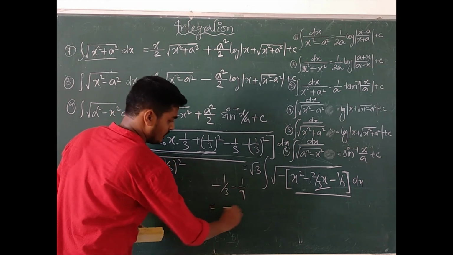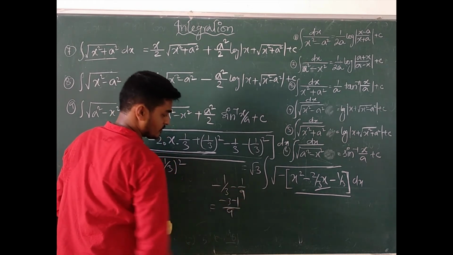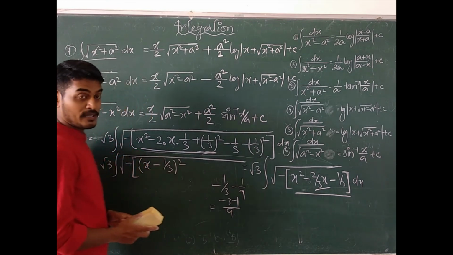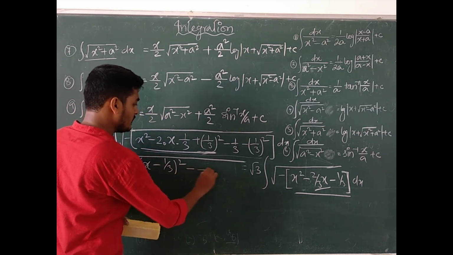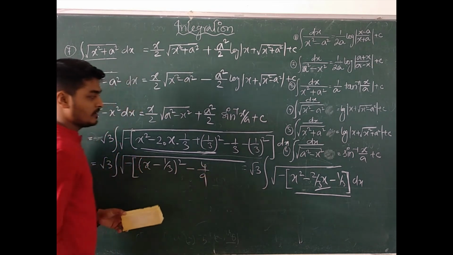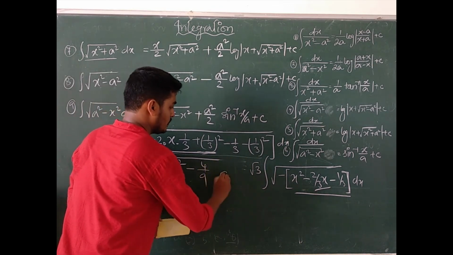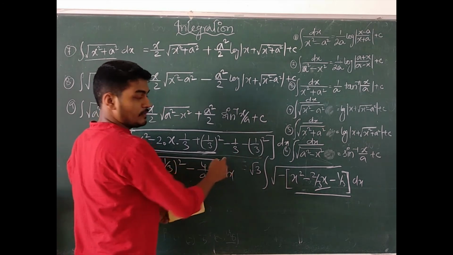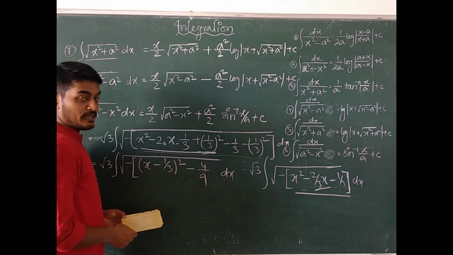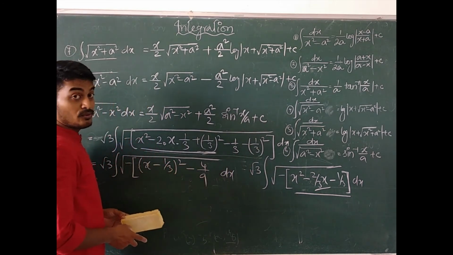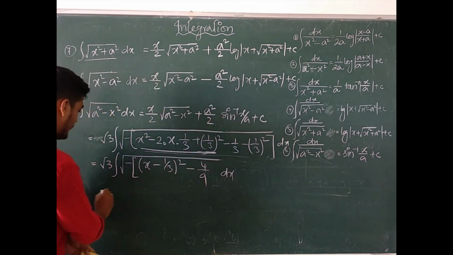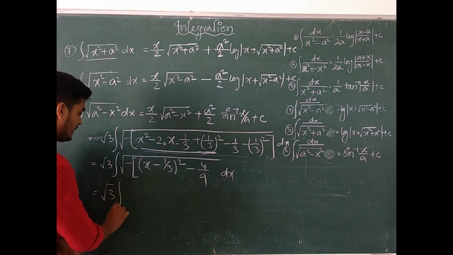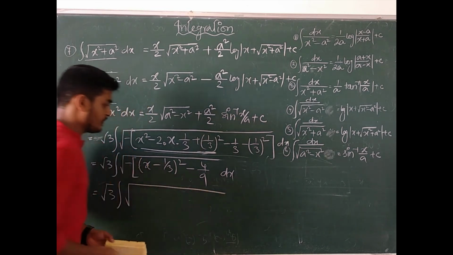What will you get? 9 minus 3, minus 1, so minus 4/9. Am I correct? Minus 4/9. We are getting this one, I have simplified 1/3 minus 1/9, so obviously minus 4/9. Okay, what is the next step?